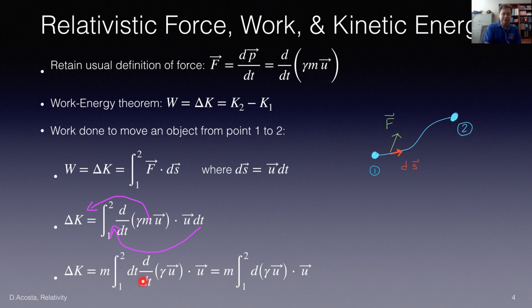I can think of the dt's as canceling here and here. And what I'm left with is the mass times the integral from point 1 to point 2 of d of gamma u dotted with u. So that's essentially what I'm doing here. Let's remember that equation there. We're going to move it on to the next slide and continue on from there.